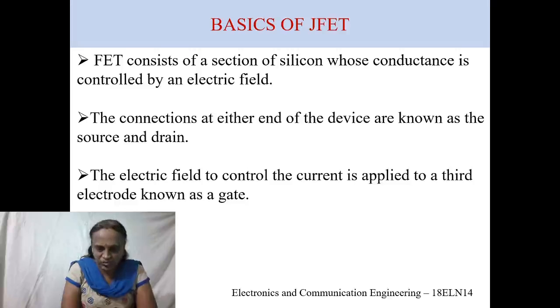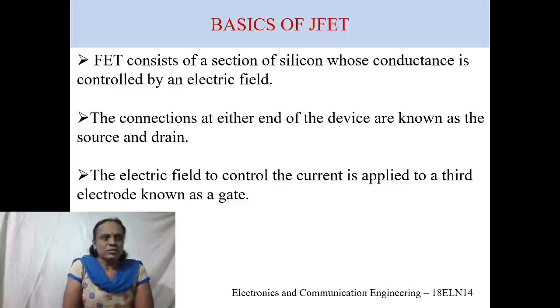I repeat, the section of silicon in which the current flows is called a channel, and it consists of only one type of silicon, either N type or P type at a particular time. How do you differentiate between N type and P type? We'll see in the next slide, in our symbol, how they are represented. In this channel, as I was telling you, it consists of either N type or P type.